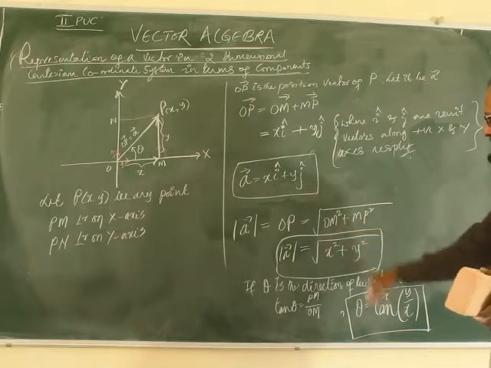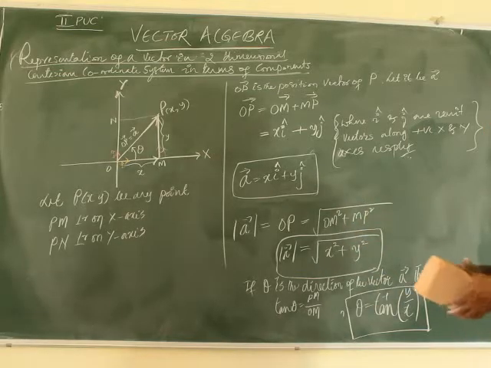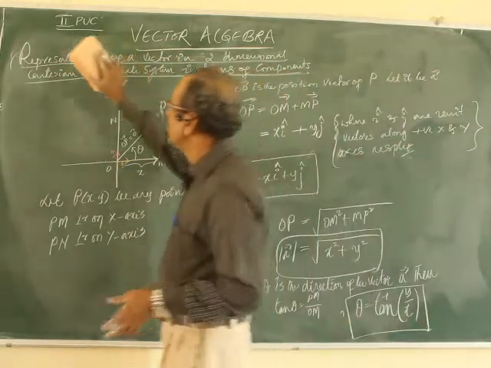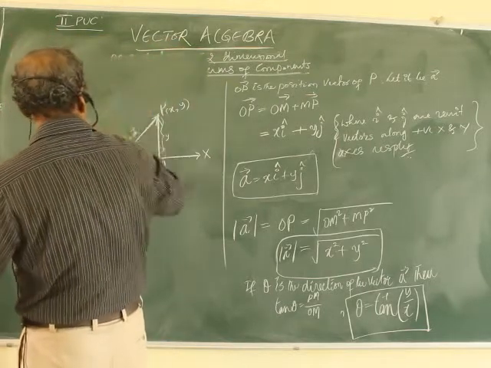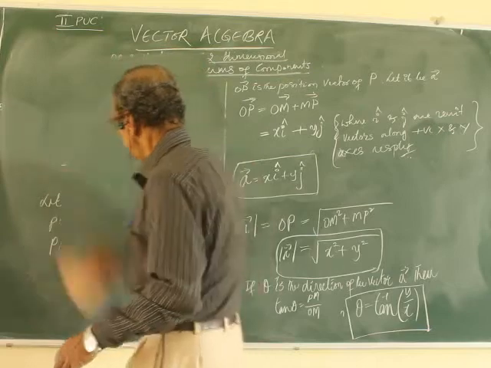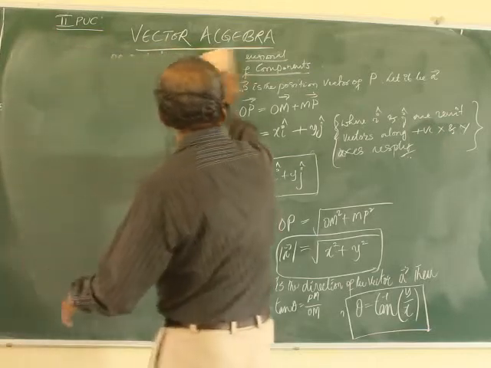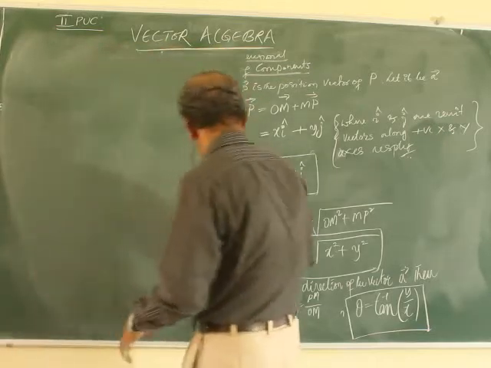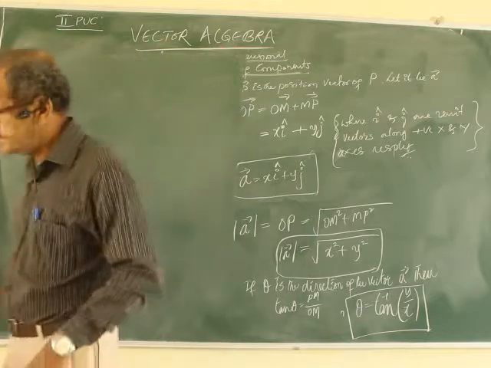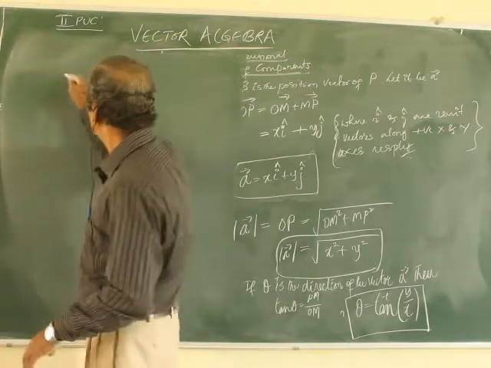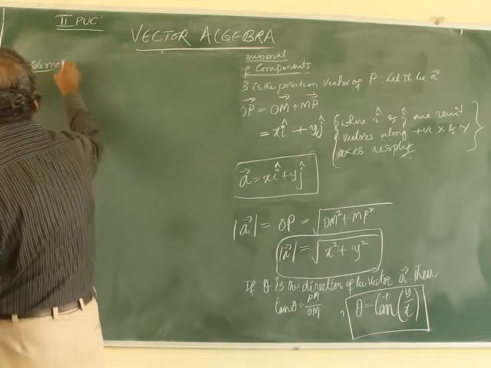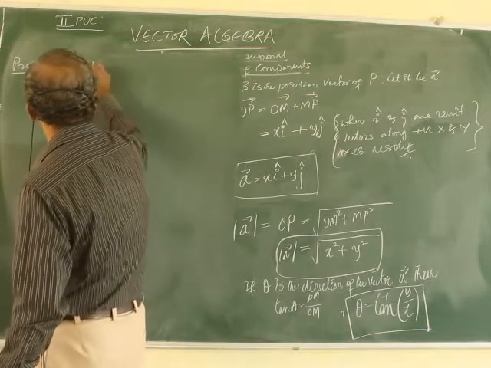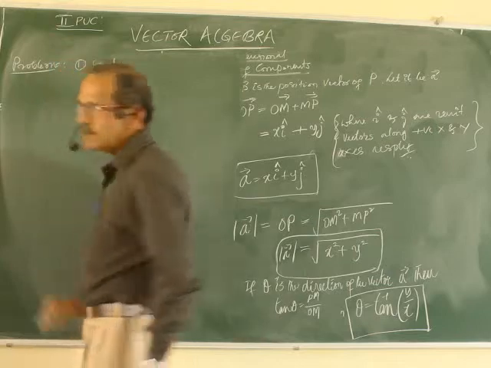First of all, make the idea clear. Let me take a few examples on this. Even though it is simple, let us work out some problems so that the idea will be clear. Okay. Problem. First one.